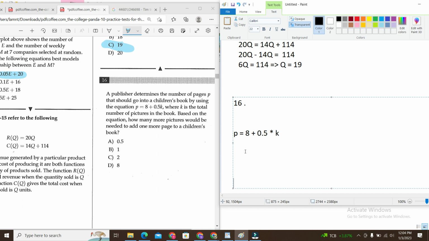So generally they ask us how to transform P into P plus 1. Then what do we have to transform K to? What input of K is going to turn P into P plus 1?